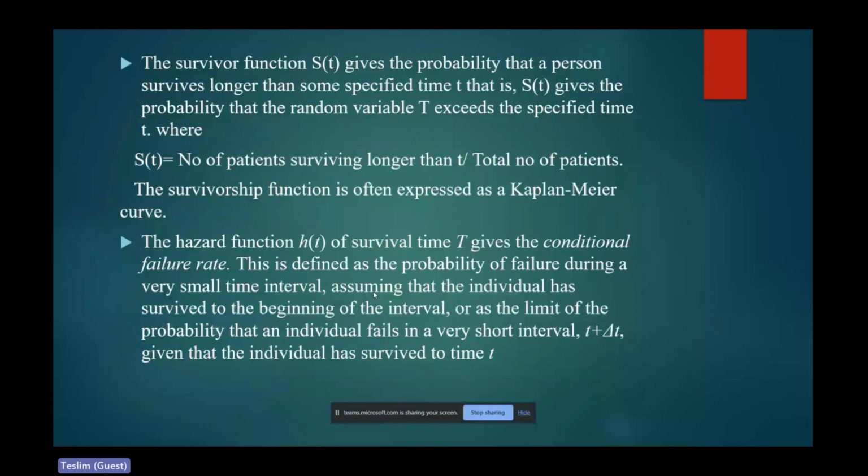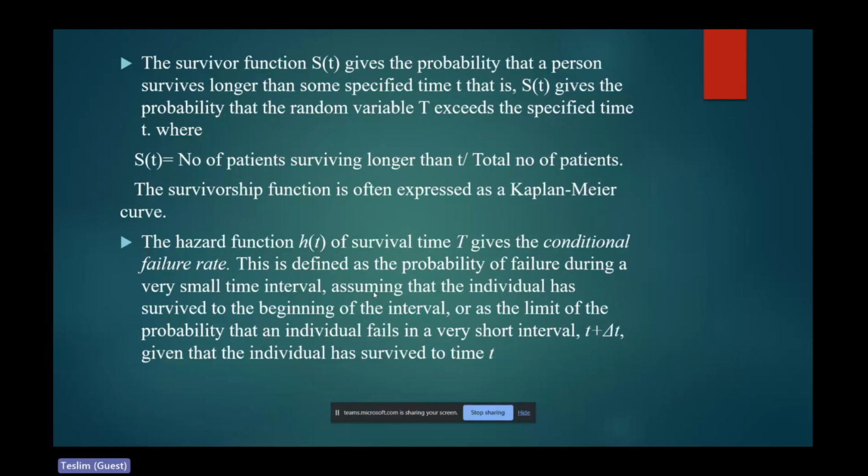This survivorship function is just telling us the time at which the person survived. It can also be calculated as one minus the probability that the person will fail before time t. It's like S(t) is 1 minus the probability that an individual fails before a particular time t.